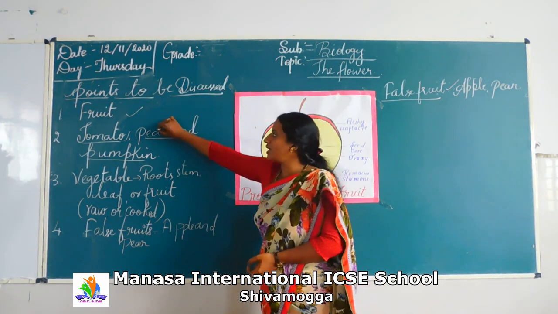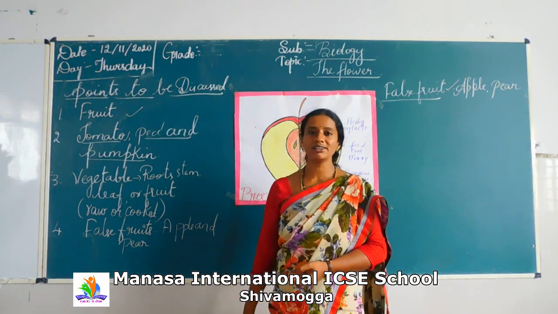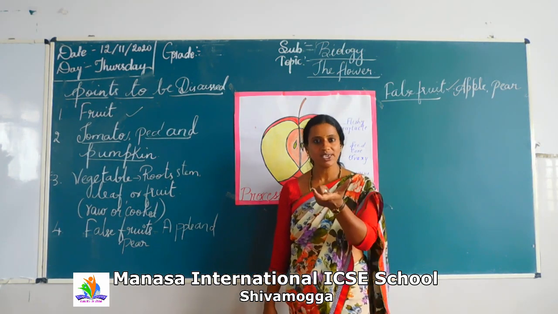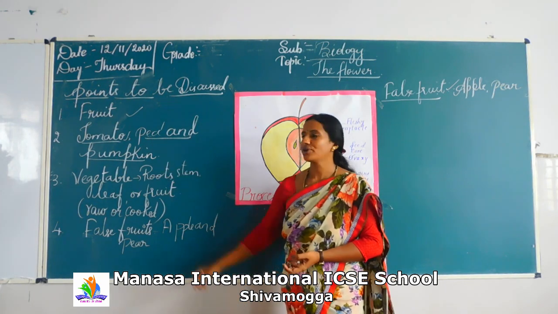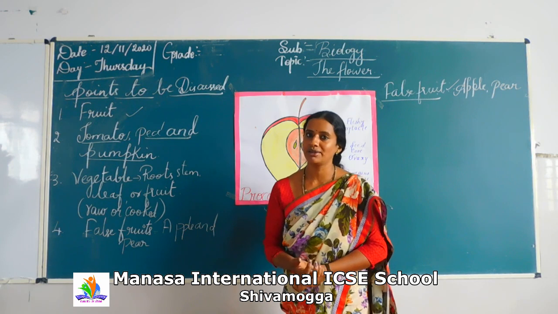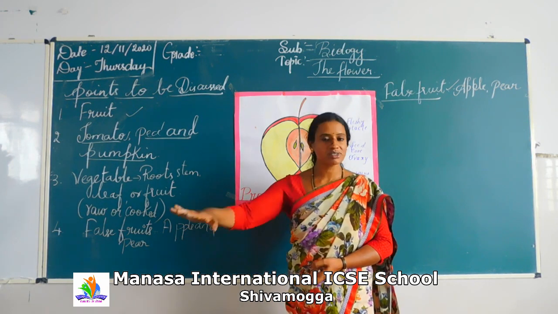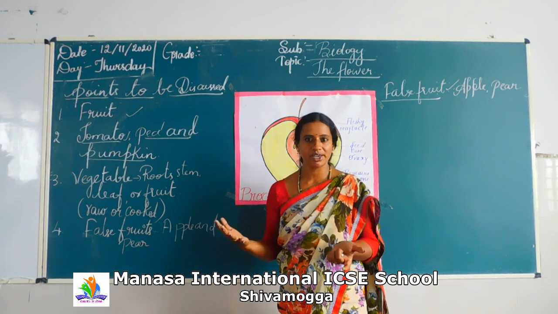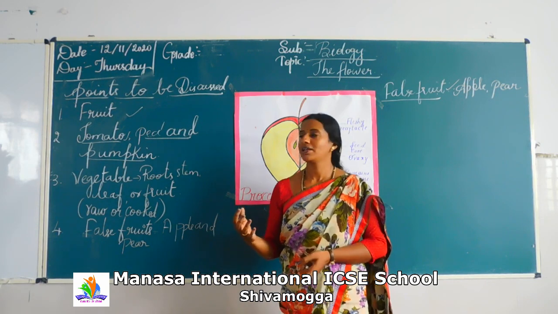And also the pea. In the pea plant, the flower develops into the pea. And also pumpkins. Hope you have seen the climbers, the creepers, okay? A few are very small in size, a few are very big and large.